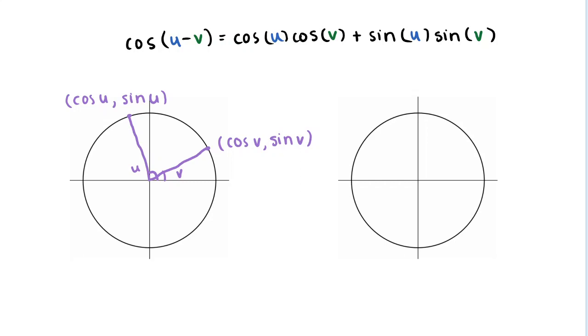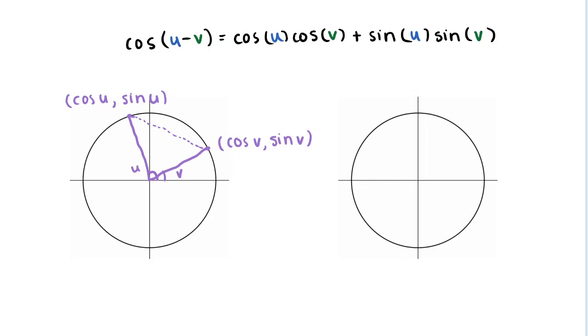One thing I can do here is connect these two points with a line and imagine working with a triangle here. And one thing that will be beneficial for us, and it's hard to see why it would be beneficial now, is if I take that triangle and rotate it back by an angle of v, rotate it clockwise by an angle of v, we're still going to have the same triangle.